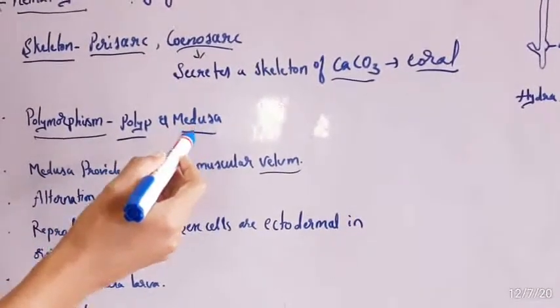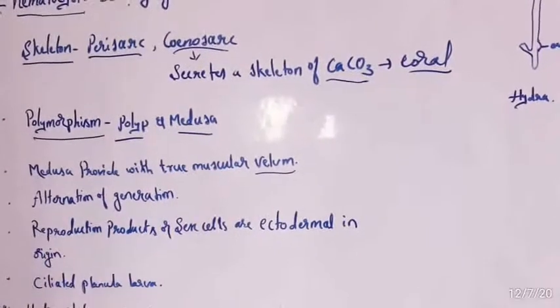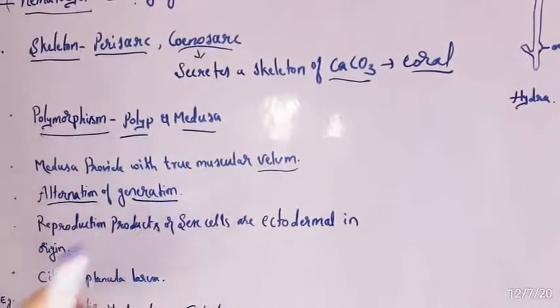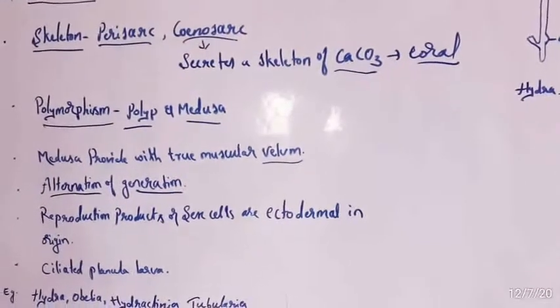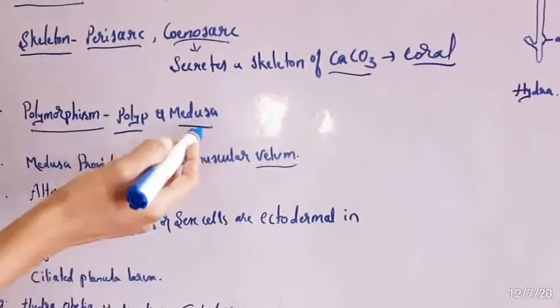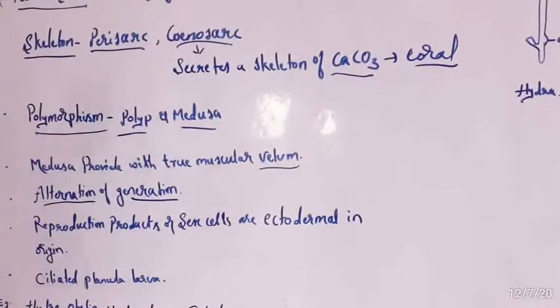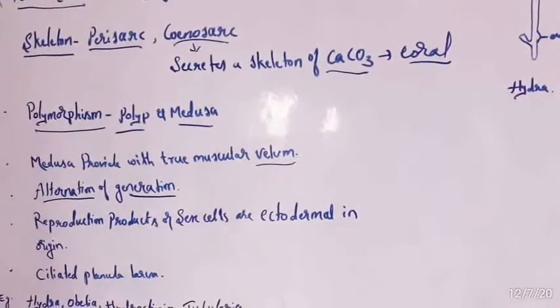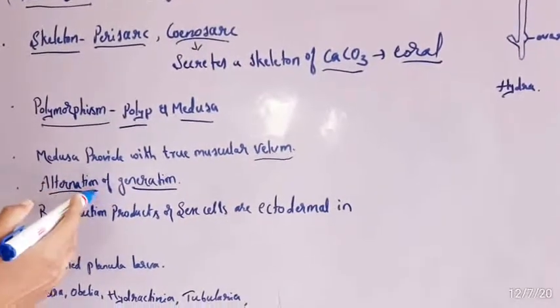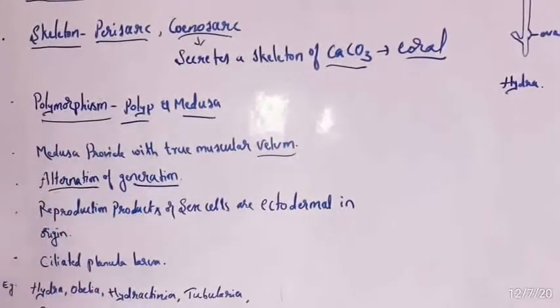Hydrozoa also exhibits alternation of generation. That means the polyp generation alternates with the medusoid generation, that is, the asexual generation alternates with the sexual generation. Hence the hydrozoans exhibit alternation of generation.